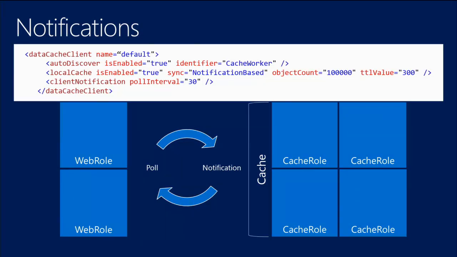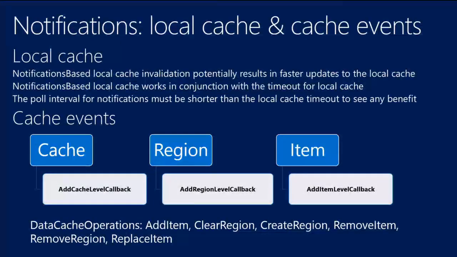If it does, then you can get more of an immediate update, and you don't have to wait for that whole 5 minutes. So notifications are good for local cache because they can help you get potentially faster updates. It's not just for local cache, though.